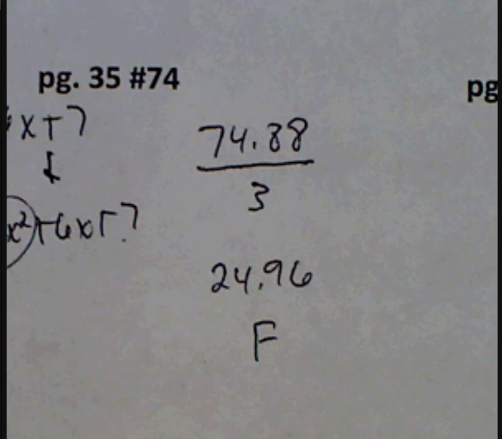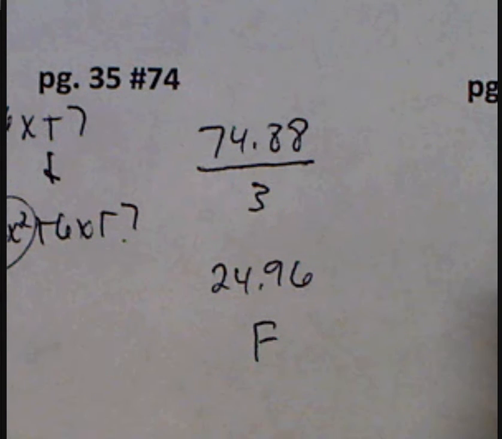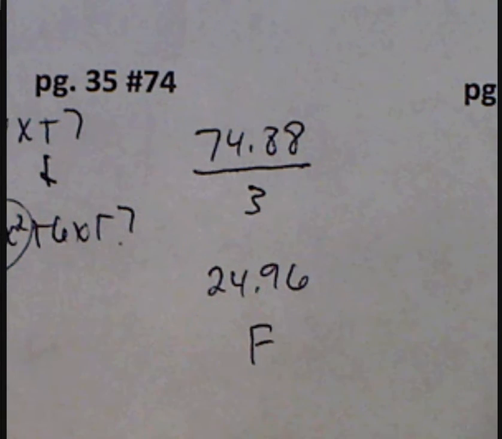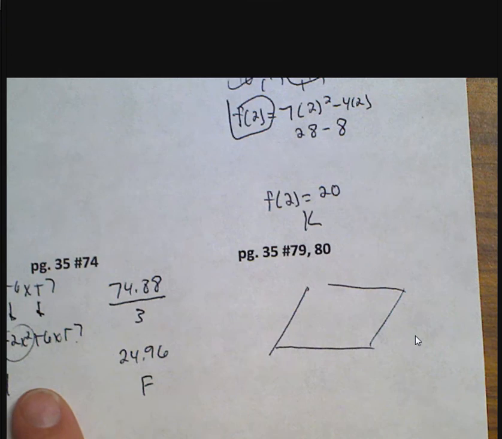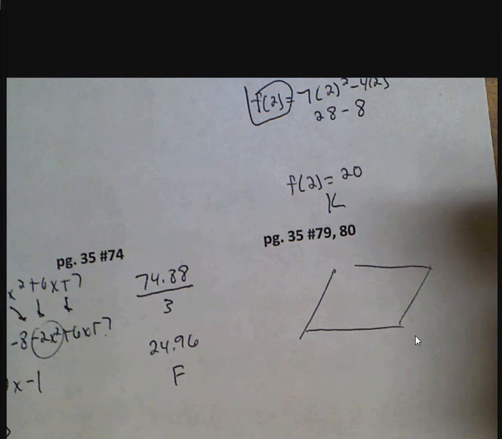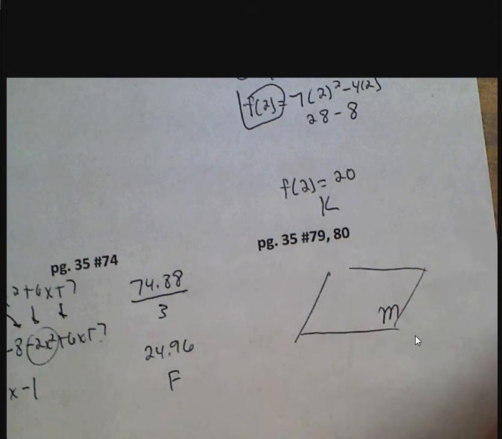Page 35, number 79. It says draw and label a figure for each relationship. FG lies in plane M. So here's a plane. So plane M, and M needs to be a capital italicized.